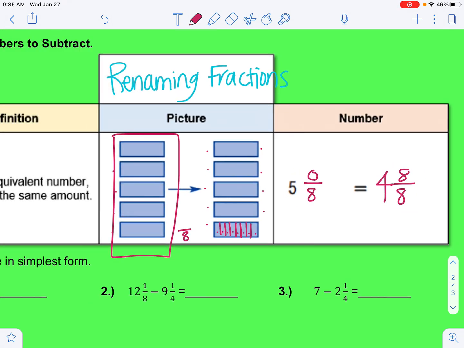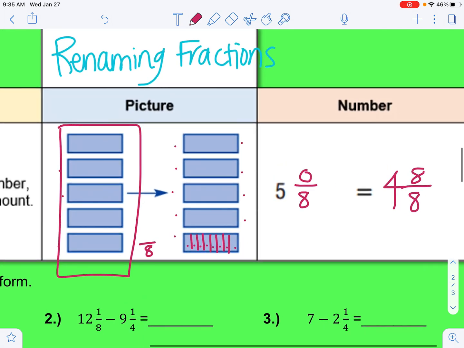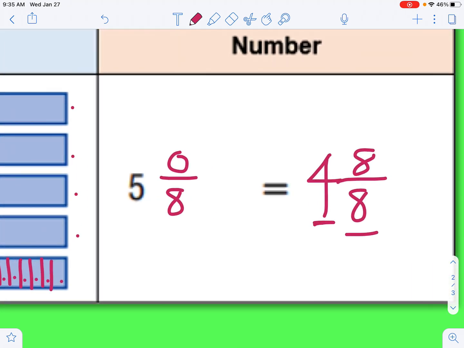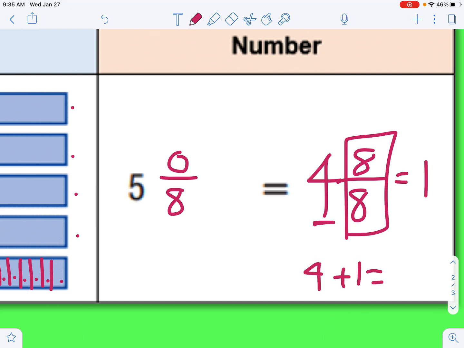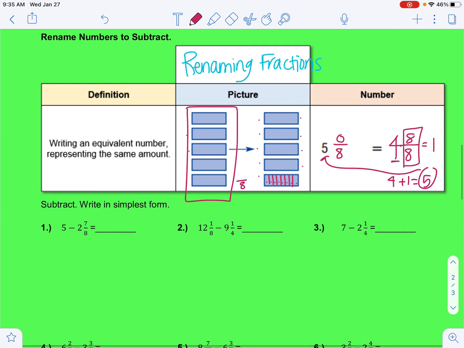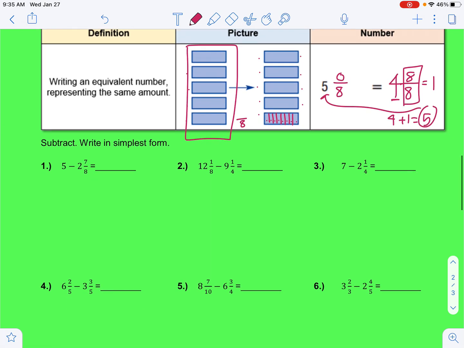That means we can borrow from one of our wholes and change it so that we have 4 and 8 over 8. 8 over 8 is really just 1. So 4 plus 1 gives us 5, and that's exactly what we had here. This will make more sense as we start going, but I just wanted to show you that.